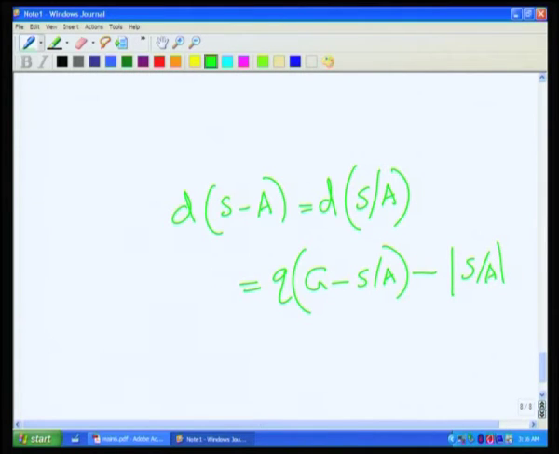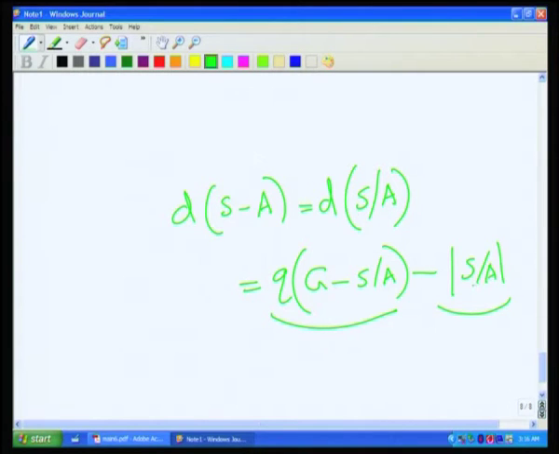Now you see there is a reduction here in the number of odd components, and there is a reduction here also. Why is there a reduction here? If at all there is a reduction, only the components which are the neighbors of A will be reduced.